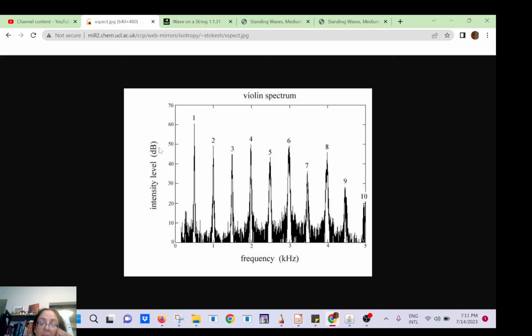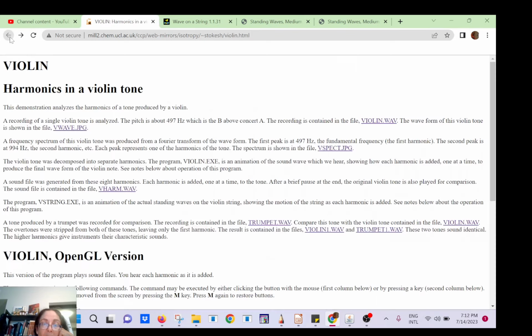We will learn about decibel later, but it doesn't matter right now. All those harmonics will make the tone quality of the violin, but the pitch will be only this one. When you use your bow, the violin will pick all the natural frequencies it likes, and the first one will be the pitch.